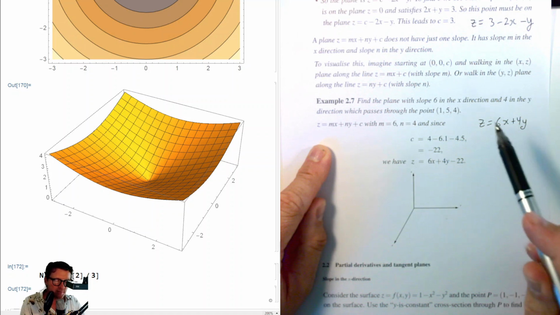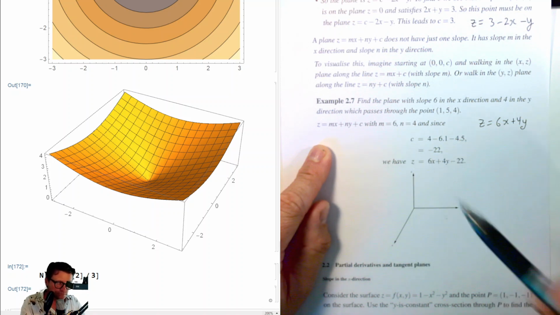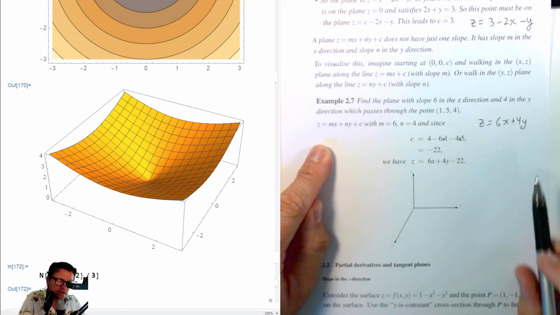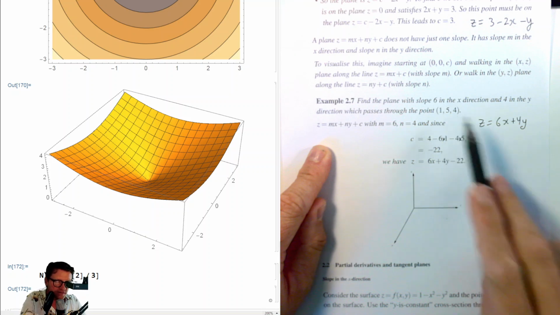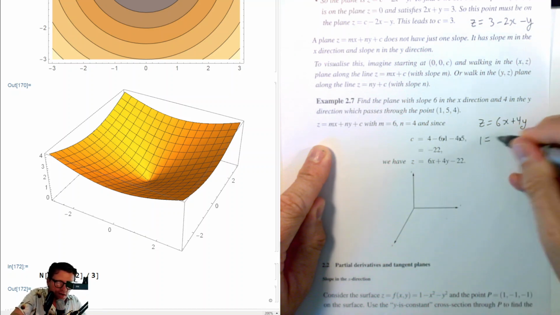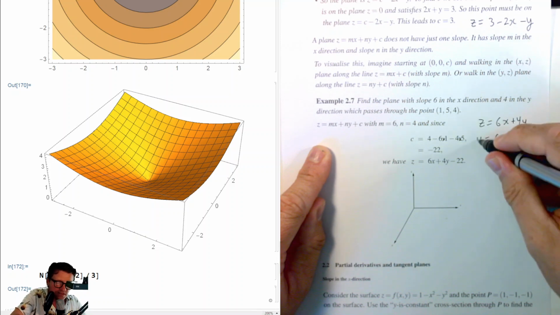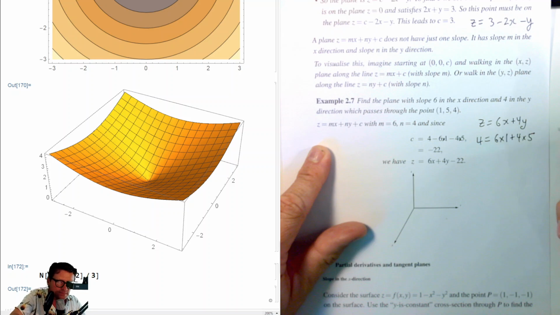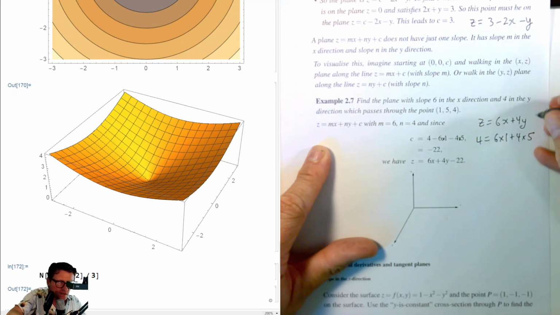So if we just sub in, that dot represents times in this case, so if you want to change that to times, that's okay. Subbing in the values of this point, we've got 4 is equal to 6 times 1 plus 4 times 5, and then we need a plus c in this as well, which we missed there.